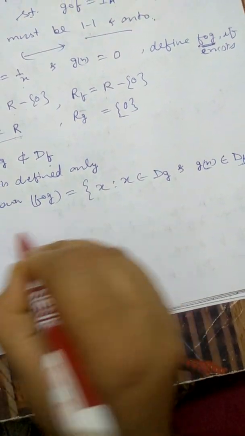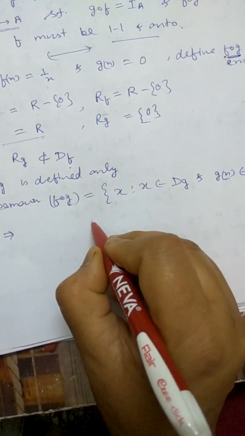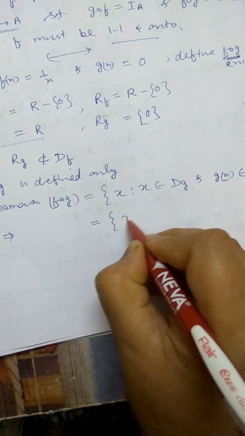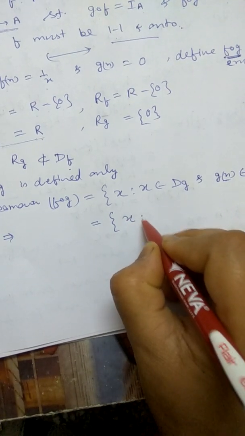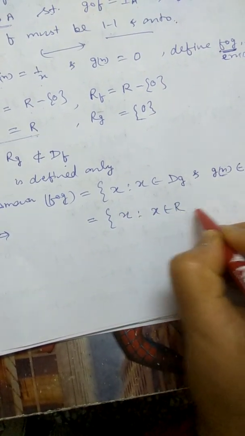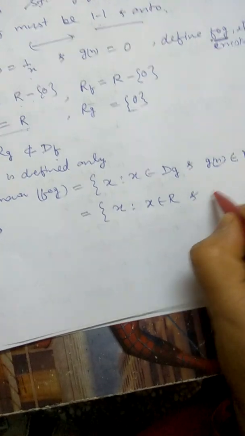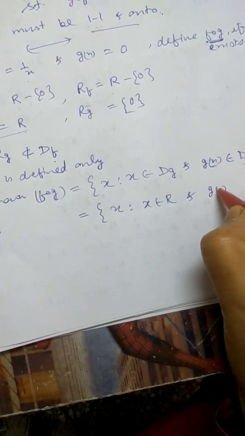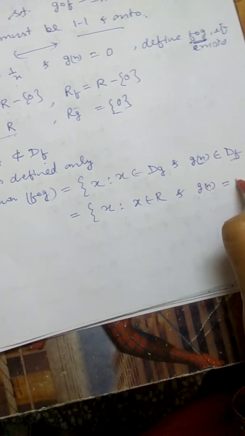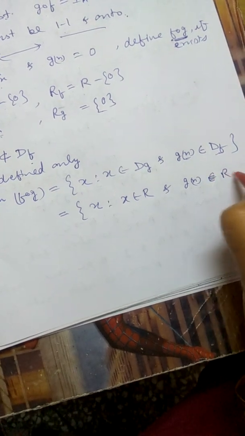And now the domain of f∘g is equal to {x such that x belongs to R and g(x) belongs to R minus {0}}.